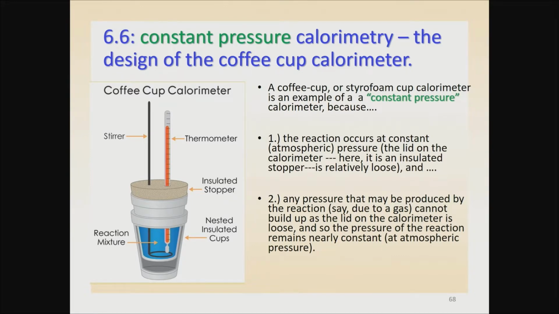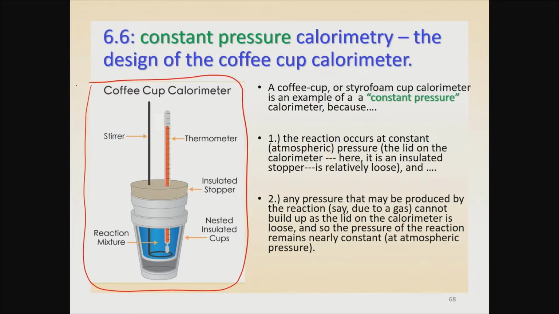So what we want to do is put the chemical reaction in some kind of device where it can be exposed to atmospheric pressure. And so one easy thing to do is just have the chemical reaction occur in some kind of container. And usually the container used in a lot of undergraduate labs is a coffee cup. And so here we have the constant pressure coffee cup calorimeter.